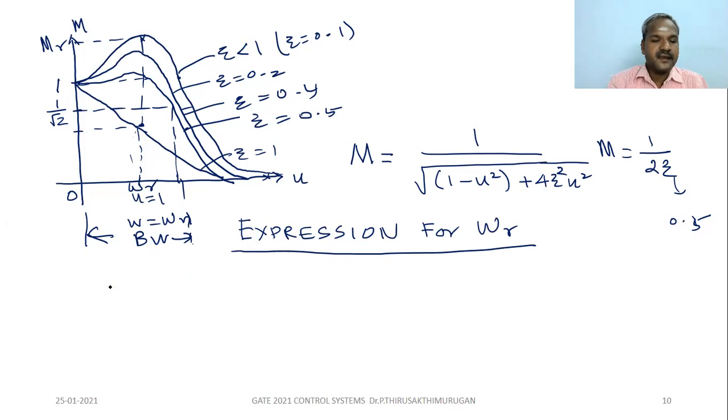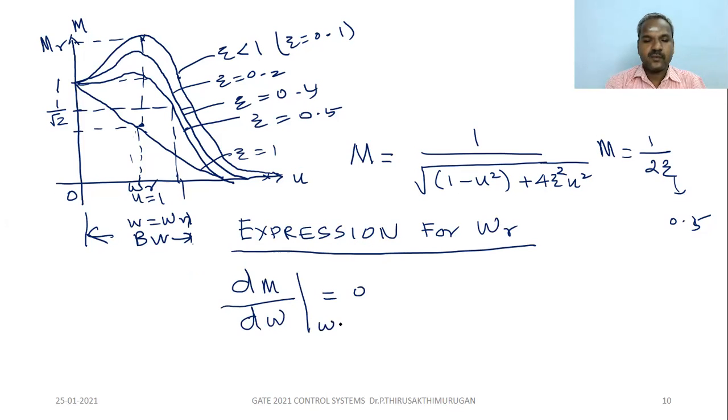Simply differentiate the magnitude with respect to omega, d M by d omega equal to 0. Please do it yourself, my dear students. Please differentiate this expression, and we will be getting the final expression.